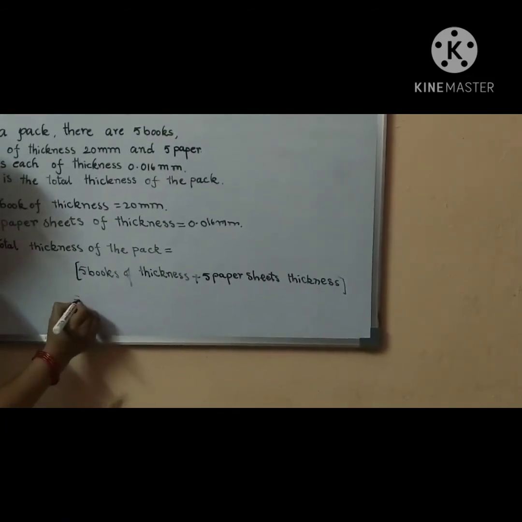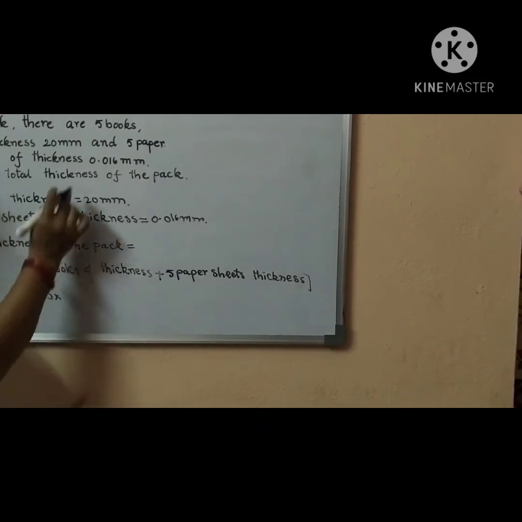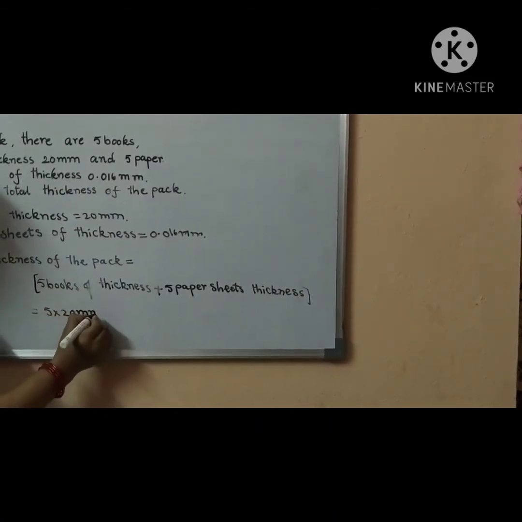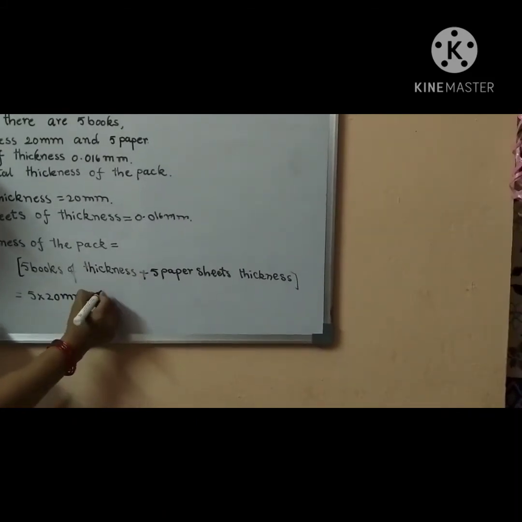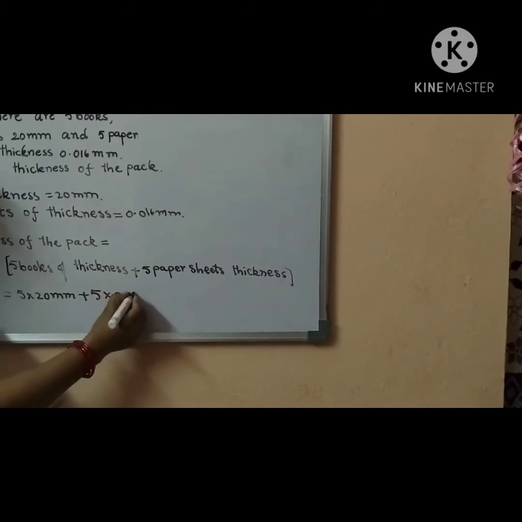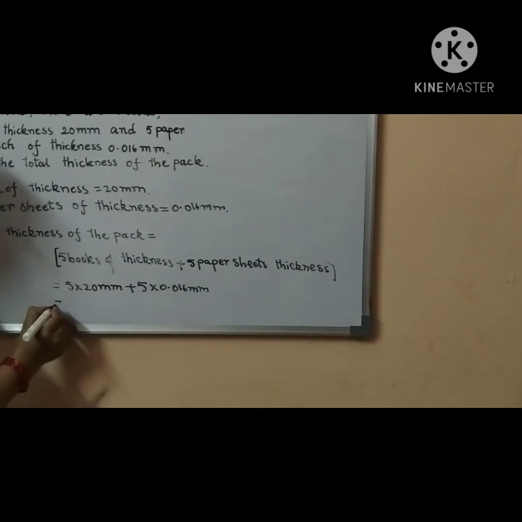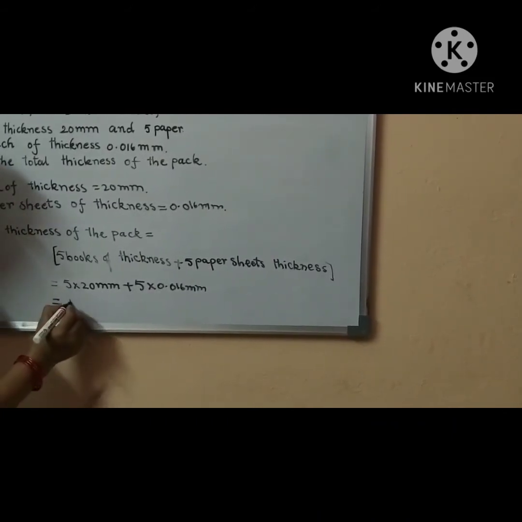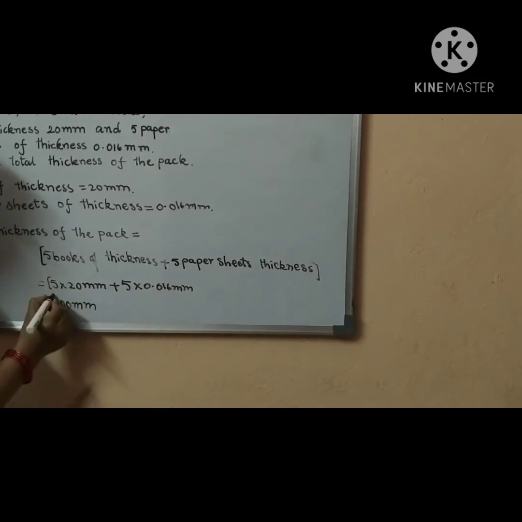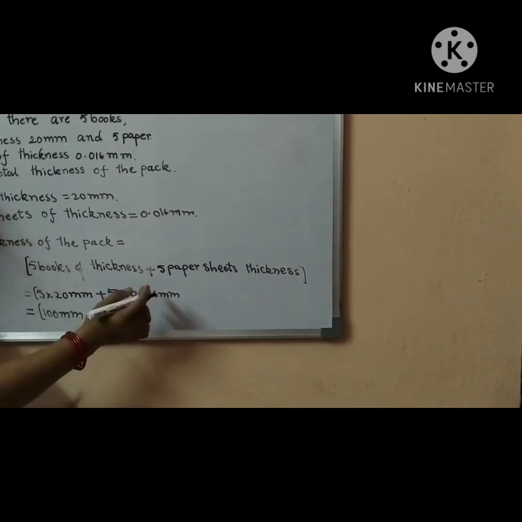So 5 books of thickness plus 5 paper sheets of thickness. So here write 5 into 20 mm plus 5 into 0.016 mm. 5 20s are 100 mm, plus 5 into 0.016.